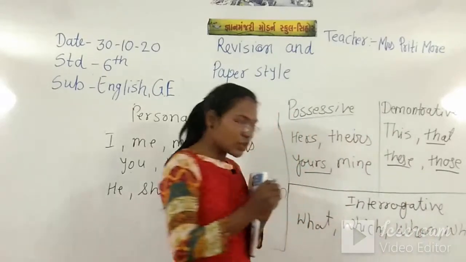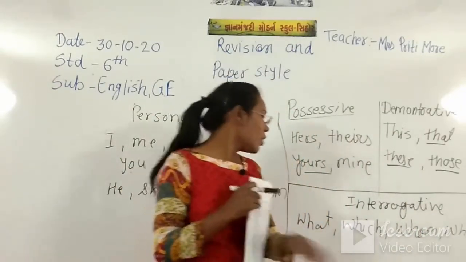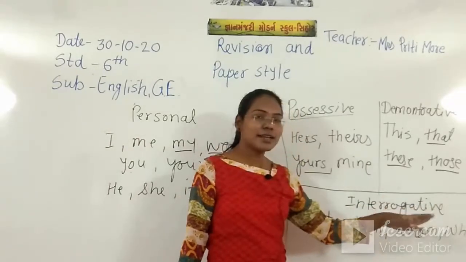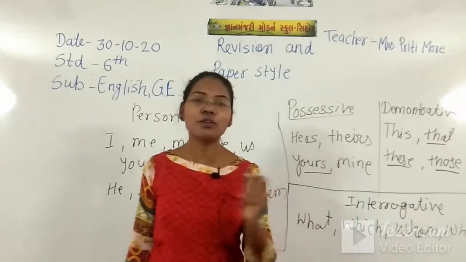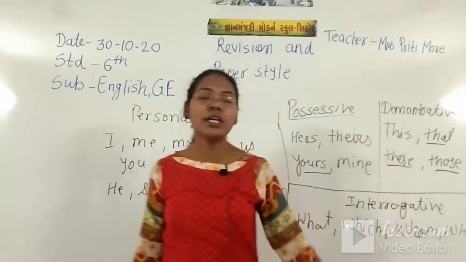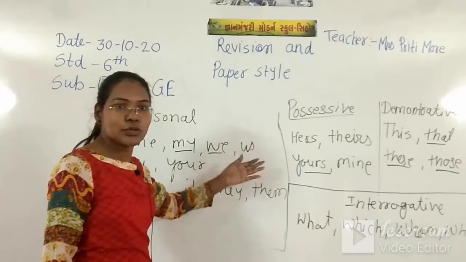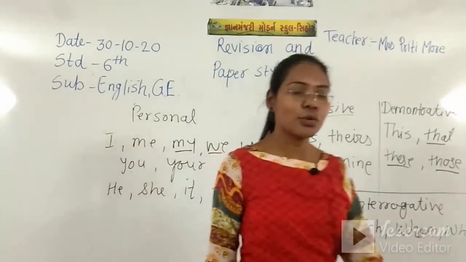Like these WH words will be there in the interrogative pronoun. And if which is underlined, whom is underlined, who is underlined, you have to write the type of pronoun: it is interrogative pronoun. If you want to write this in your notebook, you can. I give you some time to note down this.